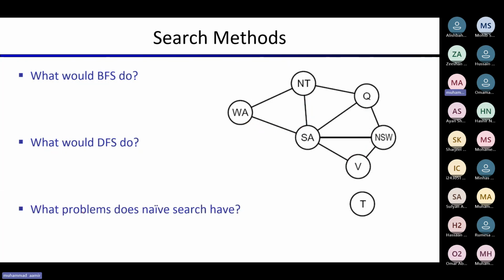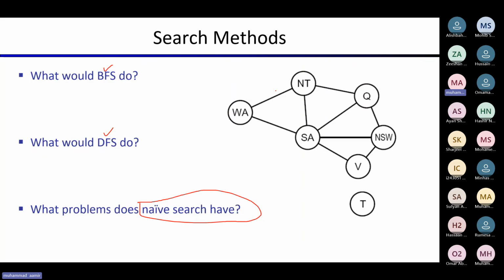Okay, moving next. So what are the problems with the naive search? If the naive search, like DFS or BFS, doesn't have any backtracking, the clear problem we can see is that most of the times we will not be able to get the solution.